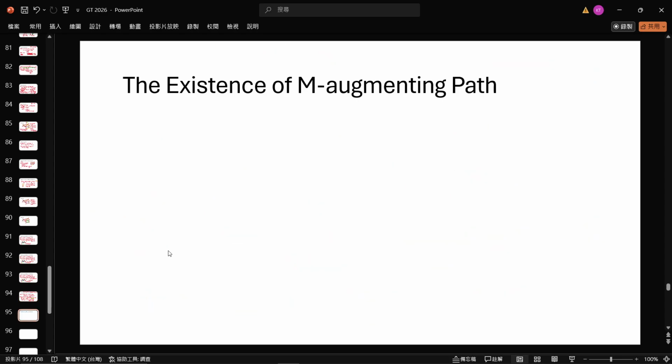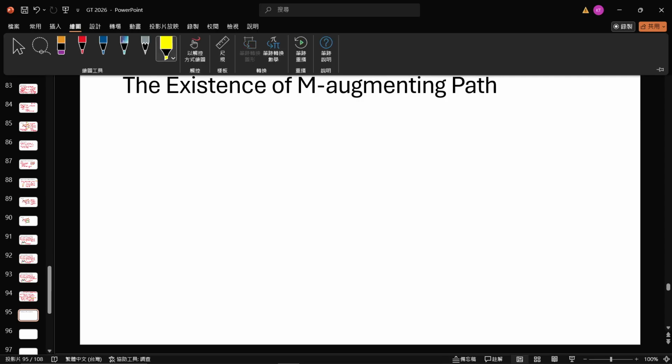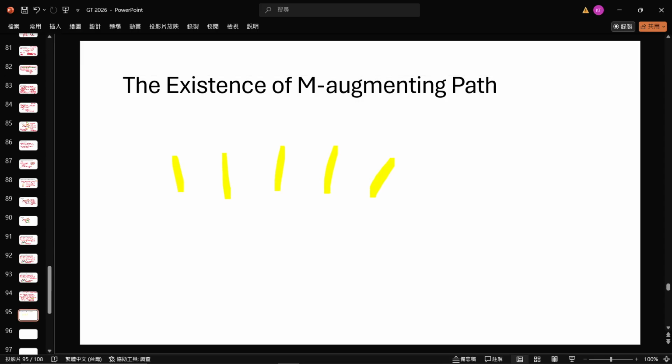So if the graph itself is a matching, then the graph will look like this. Then what is the maximum degree?